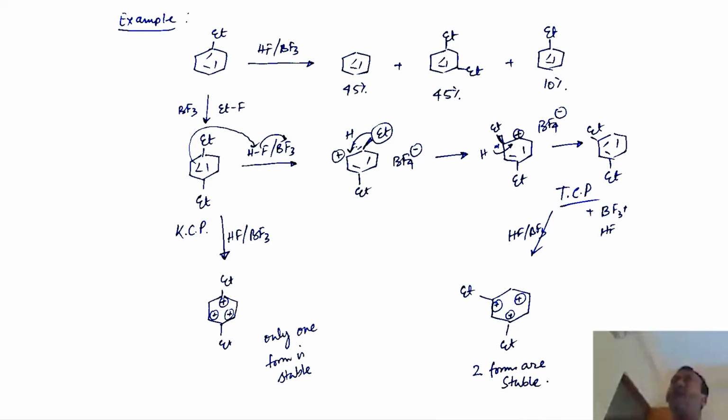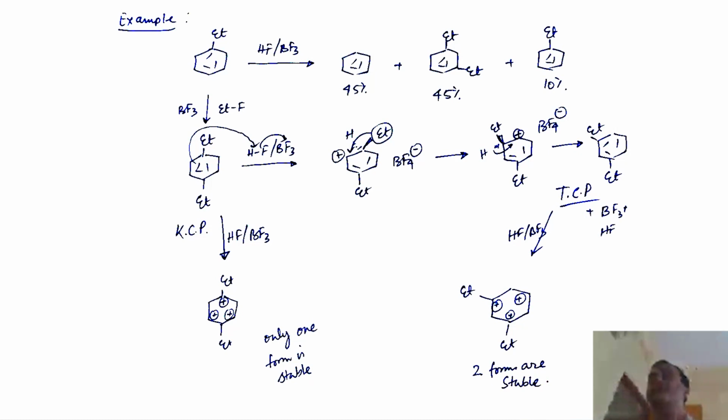And last class we also said that the meta isomer is actually more stable than the para isomer. You remember that, because in this case you have two positive charges in two places which are being stabilized by two of these ethyl moieties. So the stabilization in the case of the meta product is much higher than in the case of para, because here you have only one positive charge which is getting stabilized by this ethyl moiety. So your meta product is more stable than your para.